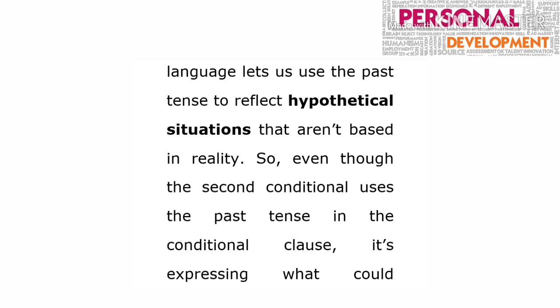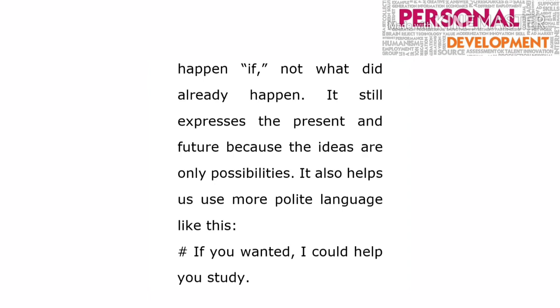So, even though the second conditional uses the past tense in the conditional clause, it's expressing what could happen if, not what did already happen. It still expresses the present and future because the ideas are only possibilities. It also helps us use more polite language like this. If you wanted, I could help you study.